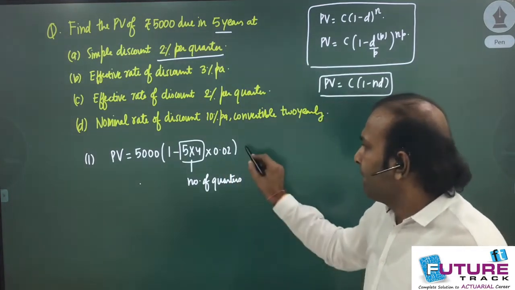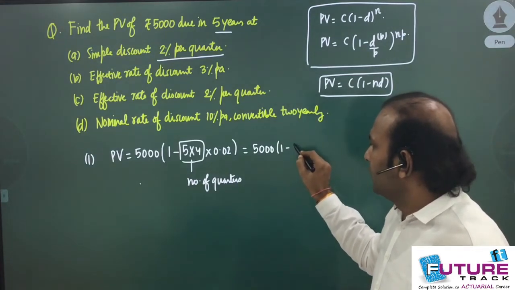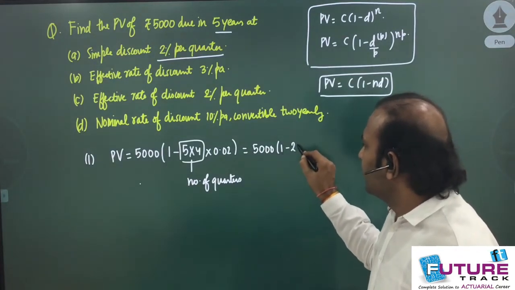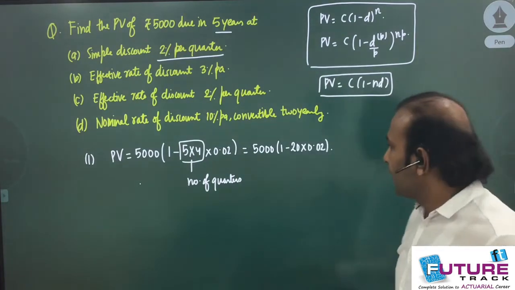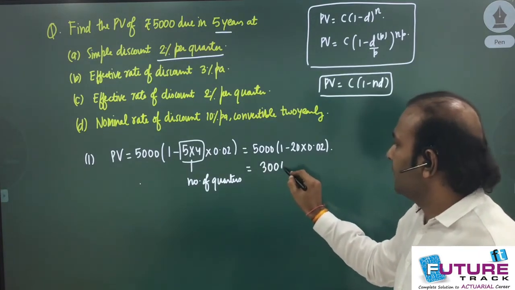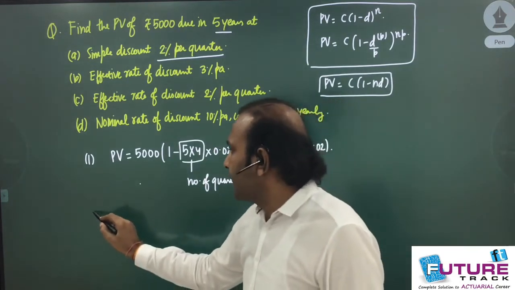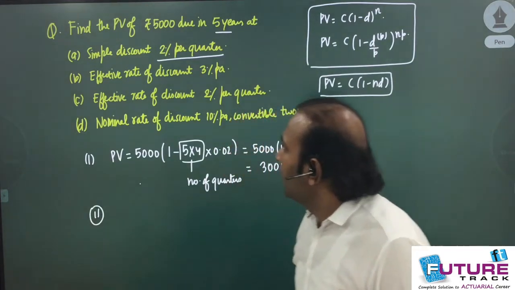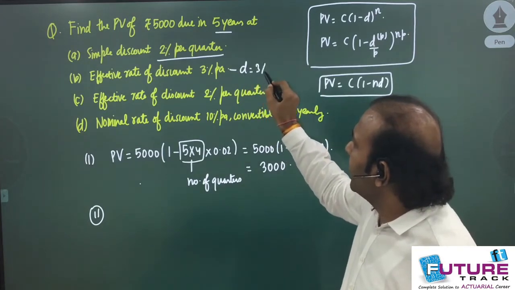Fine. So it is 5000(1 − 20 × 0.02). So class, when you solve this, so you will get 3000. Fine. Second part, effective rate of discount. So D is given as 3% per annum.